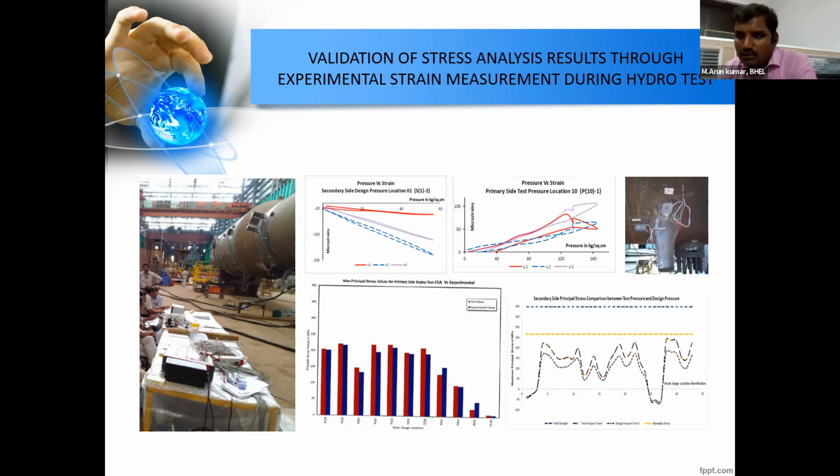Not only the peak stress, we are calculating at various levels of hydro test, as the pressure is increased in steps.